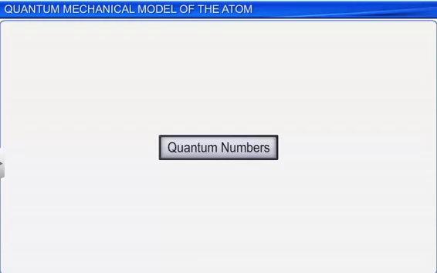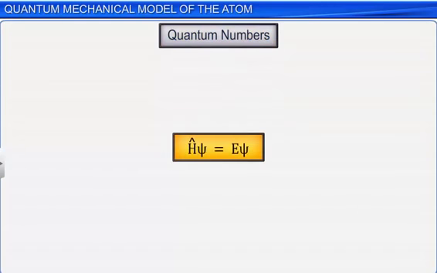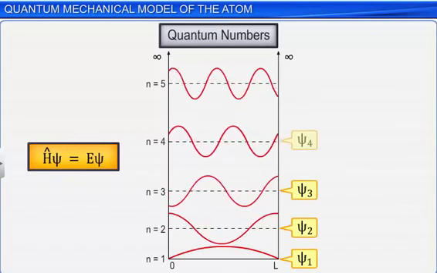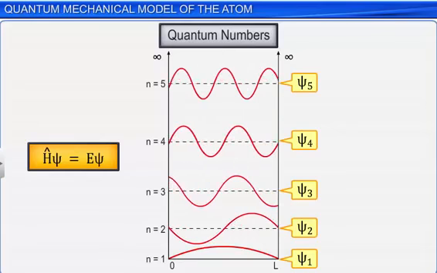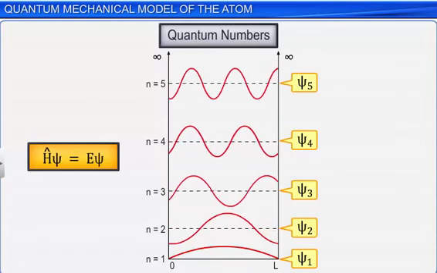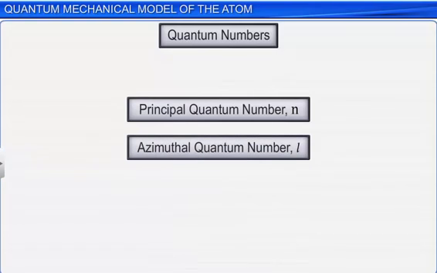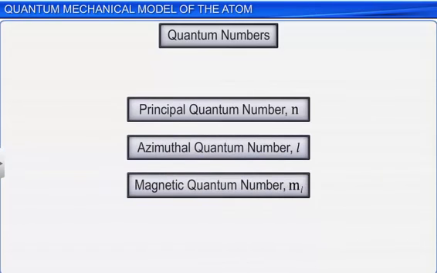Now let us see how the atomic orbitals are distinguished by quantum numbers. On solving Schrödinger wave equation for hydrogen atom, the solution gives quantized energy states and the wave functions which are characterized by a set of 3 quantum numbers, which are the principal quantum number, the azimuthal quantum number, and the magnetic quantum number. An atomic orbital of an atom is characterized by these 3 quantum numbers.